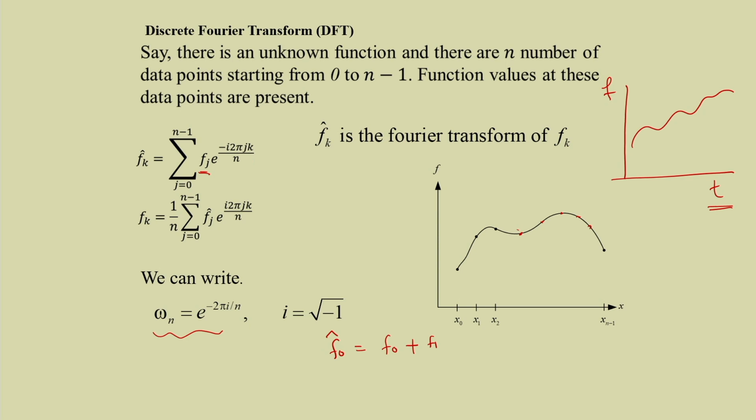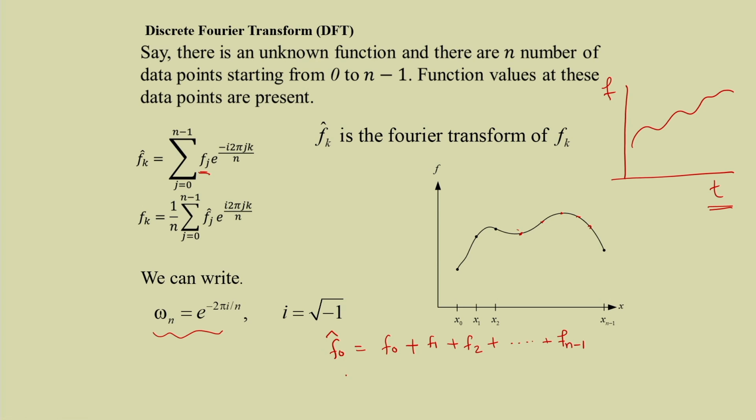Similarly, for k equal to 0 it will be e to the power 0 everywhere. The next term will be f 2, and this way it will go on, finally up to f n minus 1.